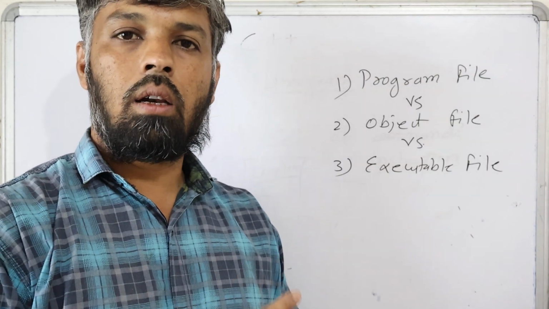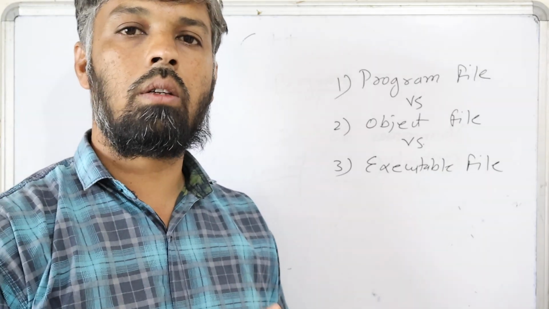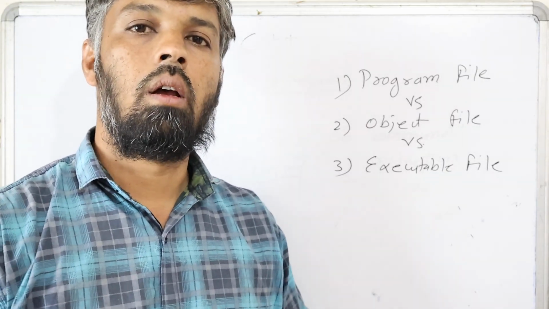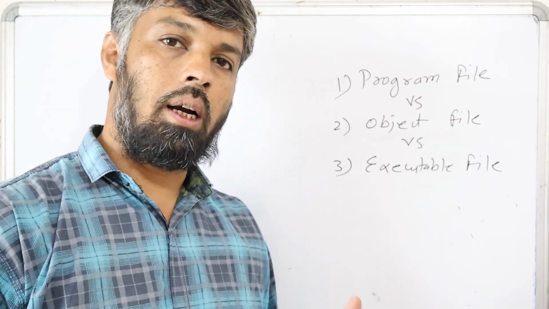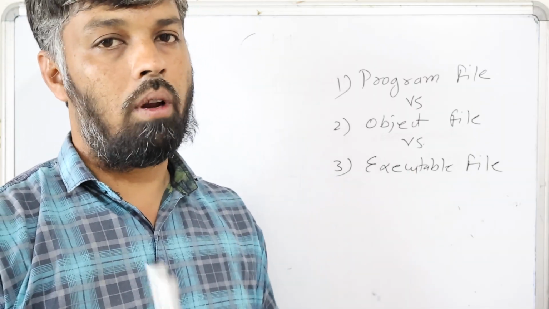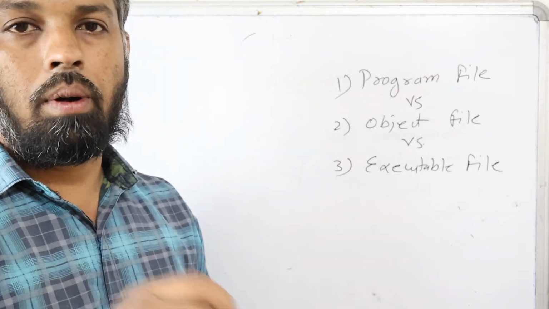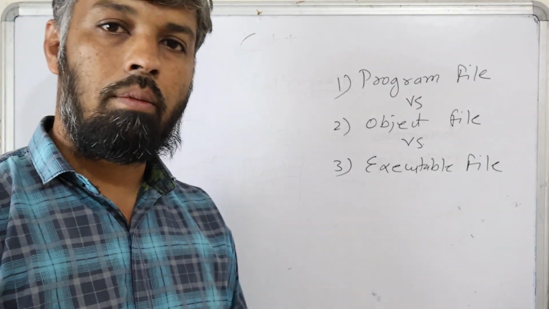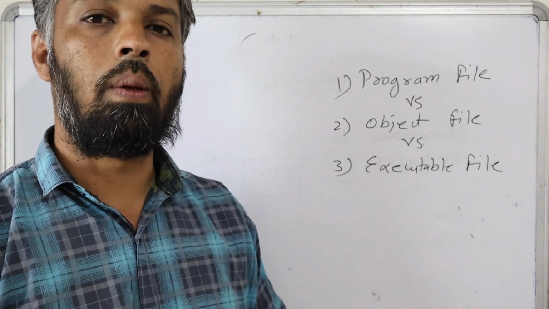Actually, these are three things, and you have to understand these three things thoroughly. Otherwise, for the entire course you will be confused. So understand each and every topic one by one, and if you don't understand that, please comment below in the video that you have a problem with this and that. Okay, I will try my best to explain to you.